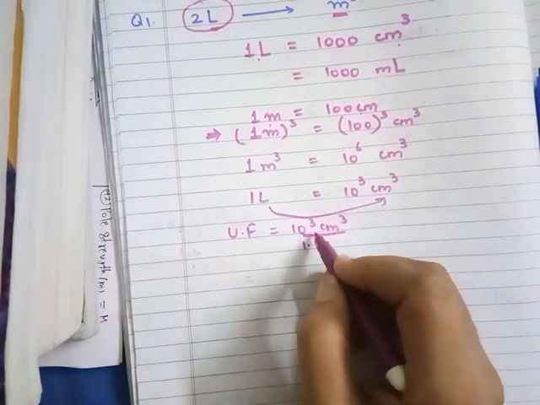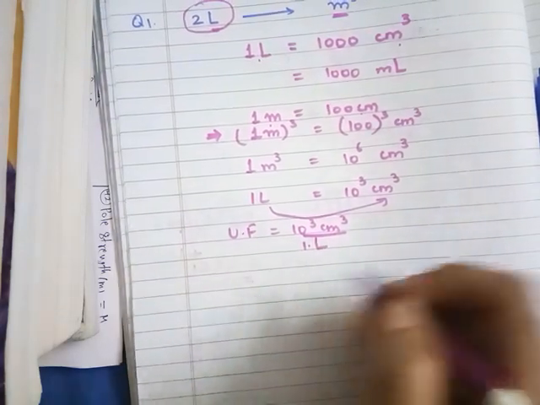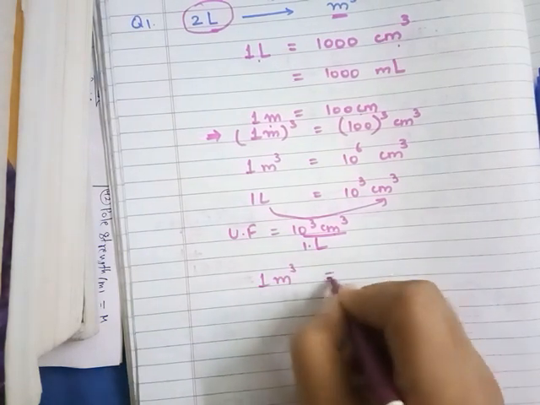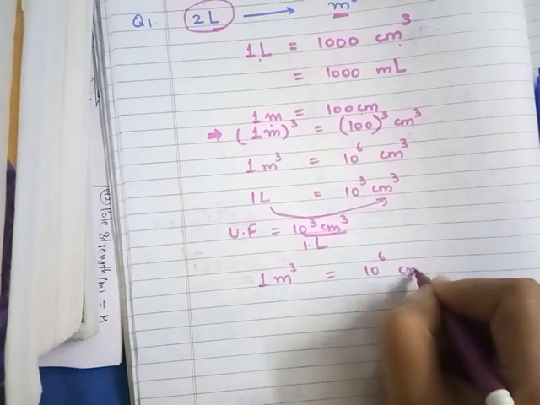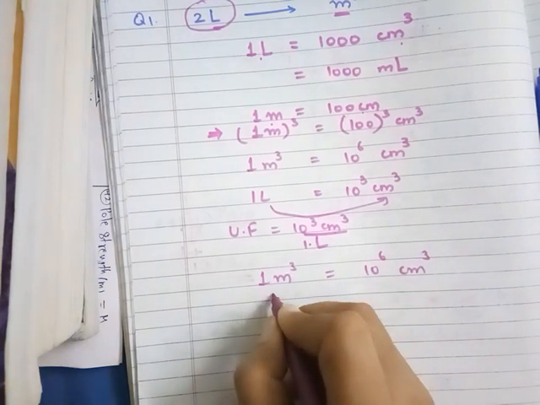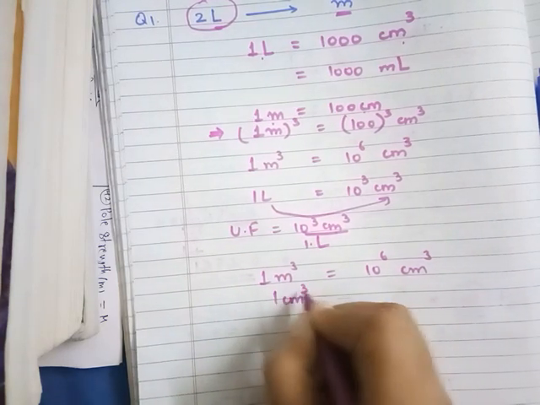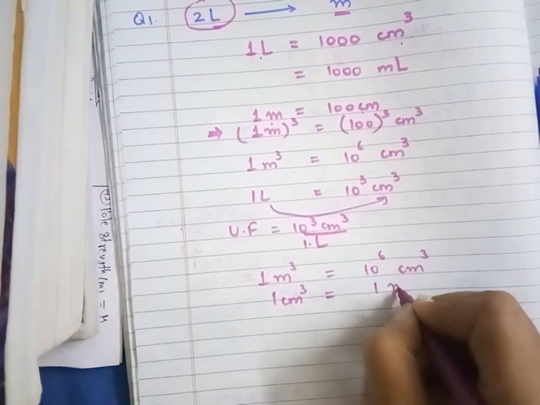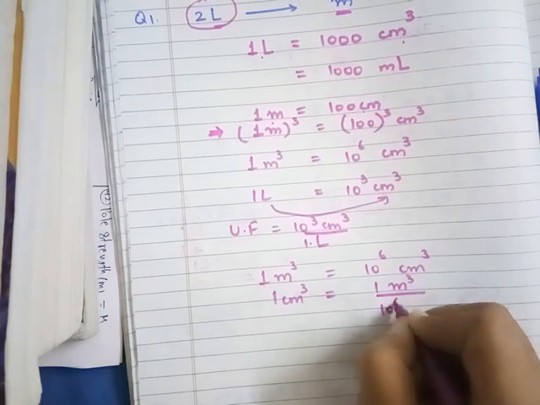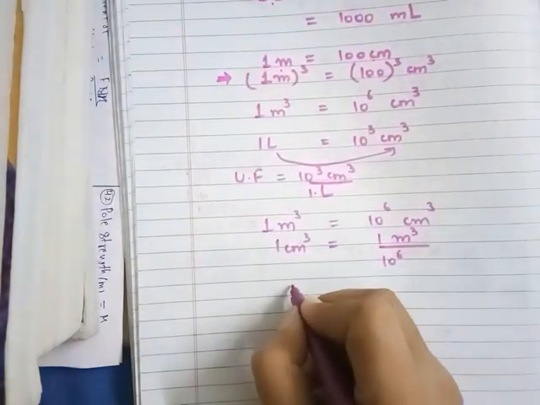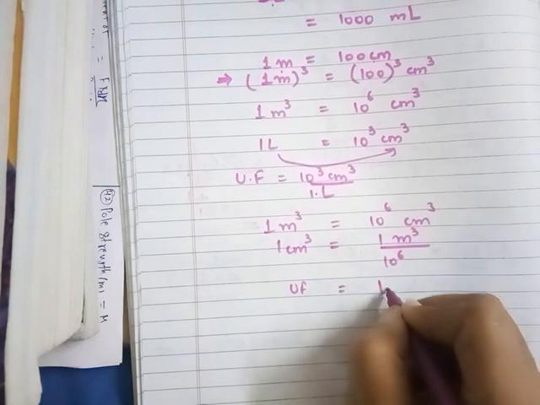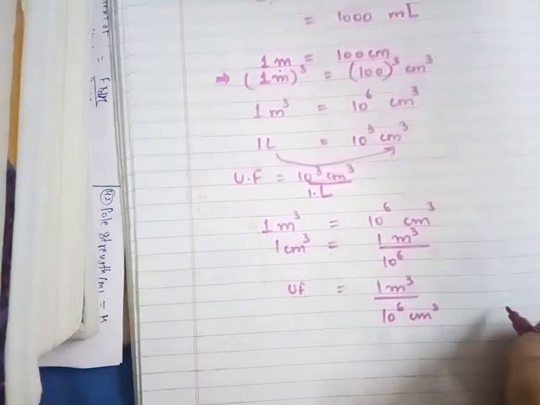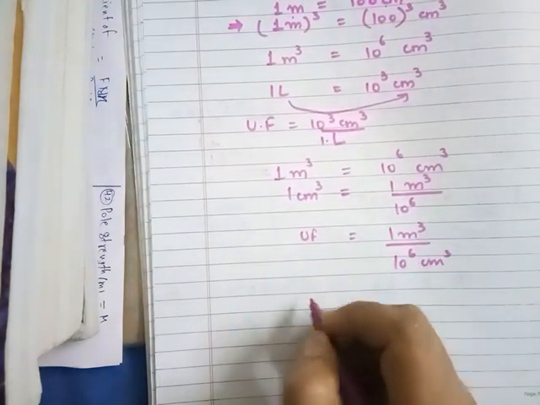Then I need to convert centimeter cube to meter cube. I know now 1 meter cube is 10 to the power 6 centimeter cube. So 1 centimeter cube is equal to 1 meter cube upon 10 to the power 6, and the unit factor over here is 1 meter cube upon 10 to the power 6 centimeter cube. So this is the second unit factor.